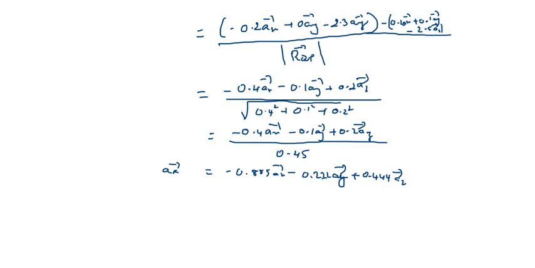Now we have to substitute in the formula, E is equal to Q by 4 pi epsilon naught r square.